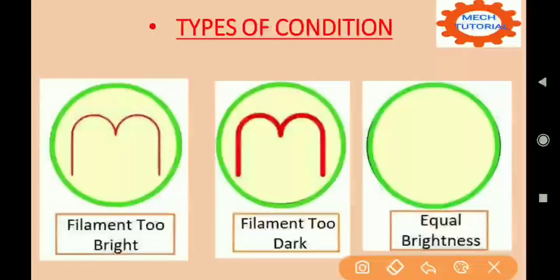There are three conditions which are observed in the filament. The first condition is that the filament is too bright. This condition happens when the brightness of the filament is greater than the brightness of the hot body. To equalize, we have to make the brightness of the filament equal to the brightness of the hot body. For this purpose, we have to reduce the current by adjusting the rheostat.